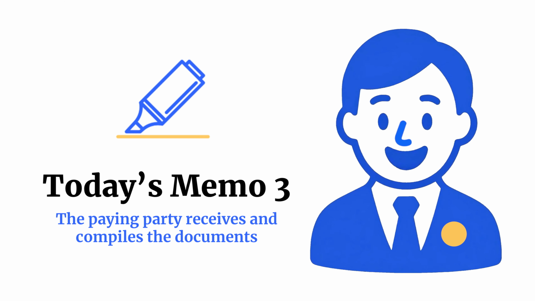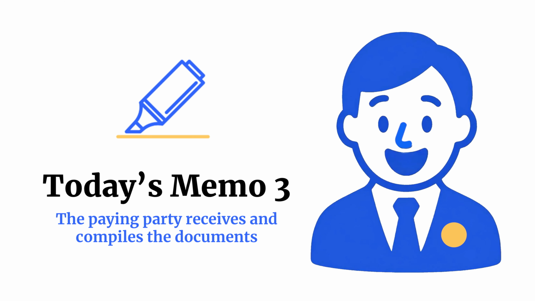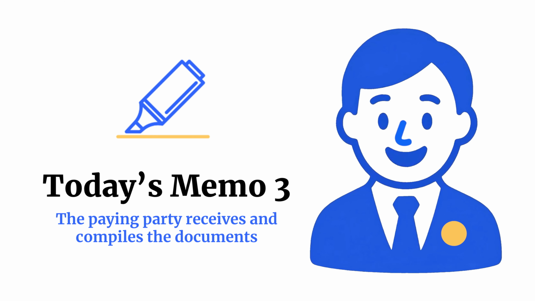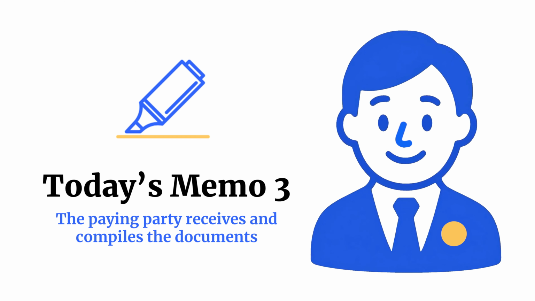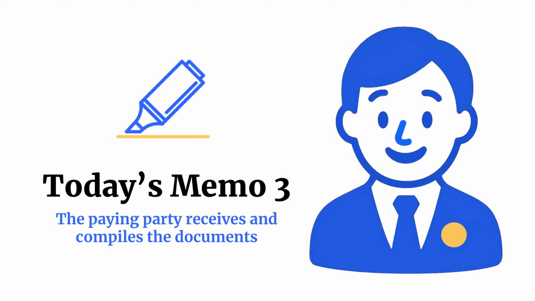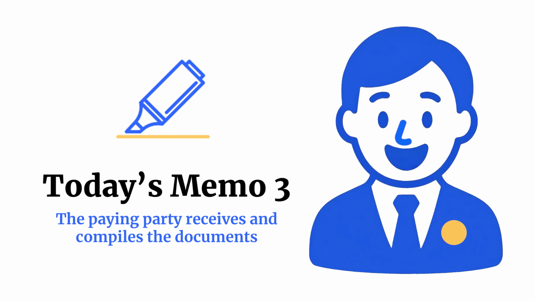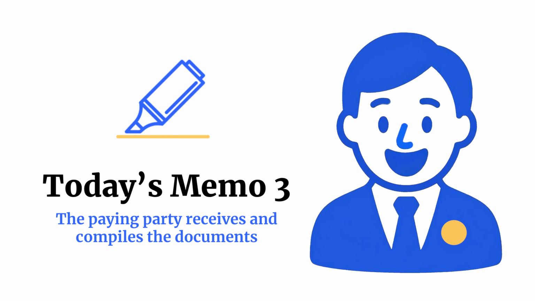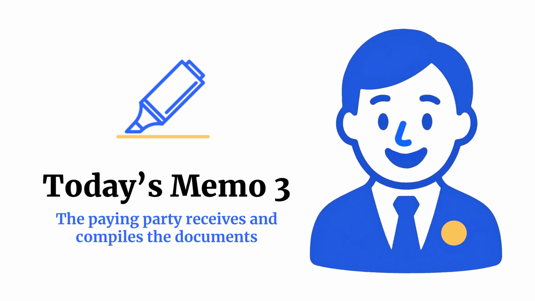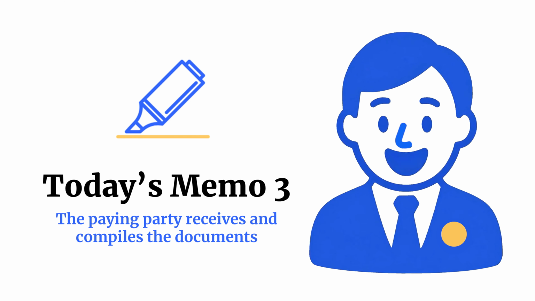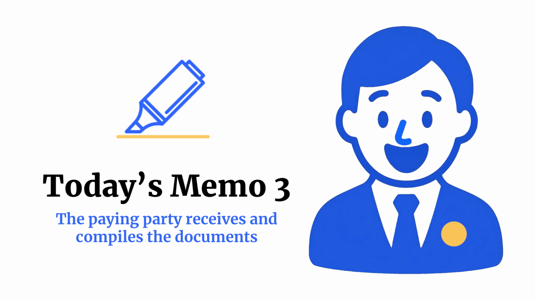First, the overseas party prepares the necessary information. Next, the paying party in Japan receives and compiles the documents. Finally, the documents are formally submitted to the competent tax office. In other words, you are the reliable bridge that makes this tax exemption procedure work successfully.